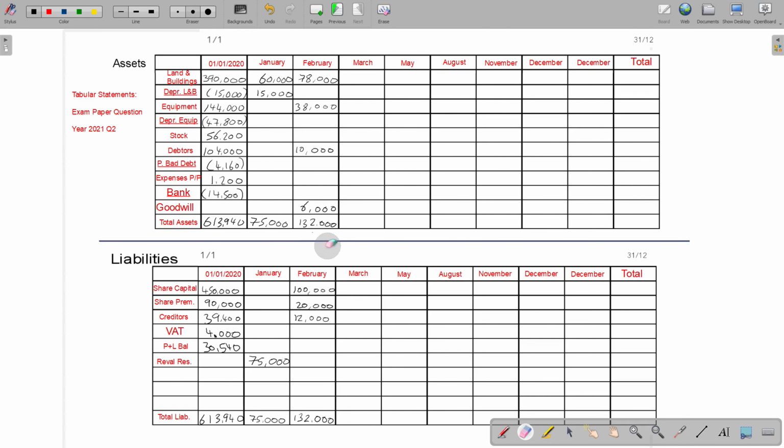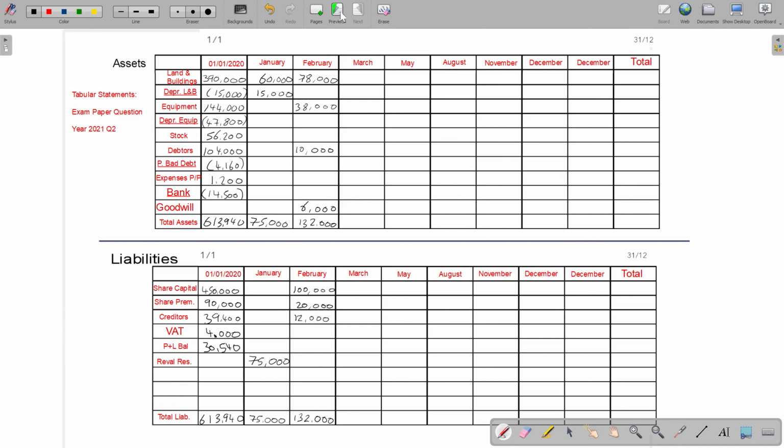Just like in most accounting questions, whenever that adjustment comes up, there'll always be more in the liabilities than in the assets, and you always put that addition into goodwill. So it's the price you pay above the actual value of the company based on, let's say, something like brand name, an intangible asset. Very good.